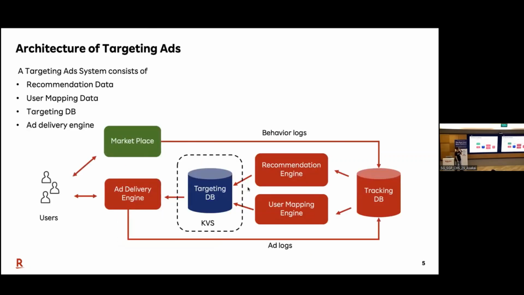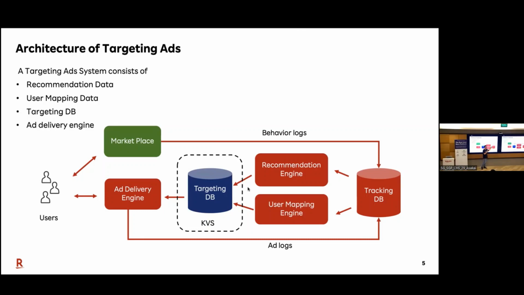This is a high-level architecture of how we deliver targeting ads. It has some components. It starts with the tracking DB. This tracking DB is not a database. It is the big data warehouse or big data platform in Rakuten. So it contains all of the tracking information that Rakuten, as an e-commerce site, or its system services, collect based on the user's different kinds of behavior.